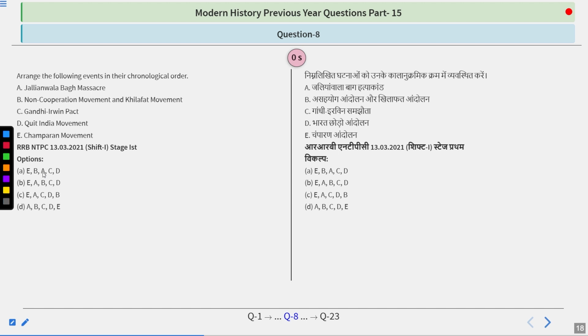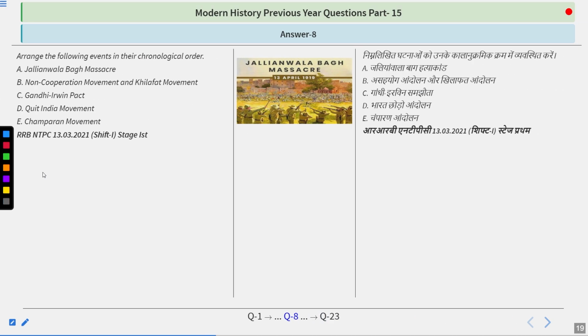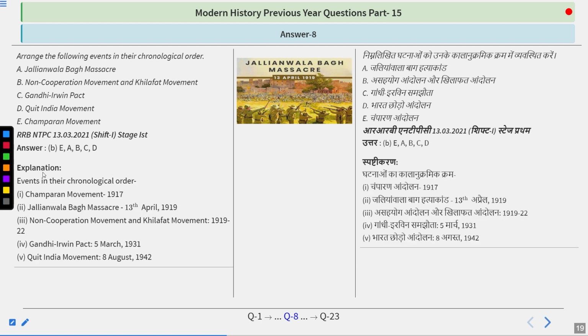Champaran Movement in 1917. Now you can just go and directly choose your option. So Champaran Movement 1917, Jallianwala Bagh 1919, Non-Cooperation Movement and Khilafat Movement together came 1919 to 1922, Gandhi-Irwin Pact 1931, Quit India Movement 1942. So the answer is B.